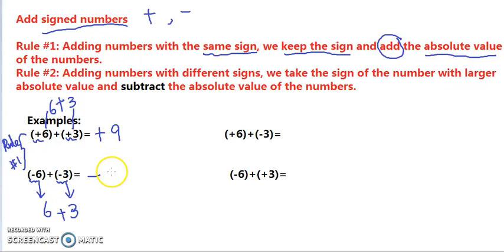We can use a real life example to explain why we keep the sign and why we add them instead of subtracting them. A positive number, we can think of as a credit. A positive 6 means we have a $6 credit in our bank account, and positive 3 also means credit, a $3 credit in another bank account.